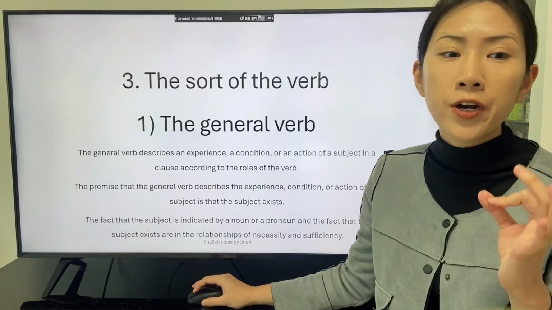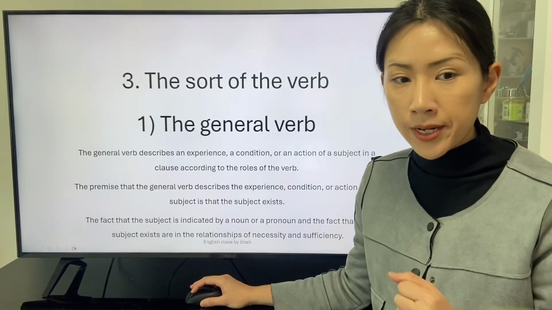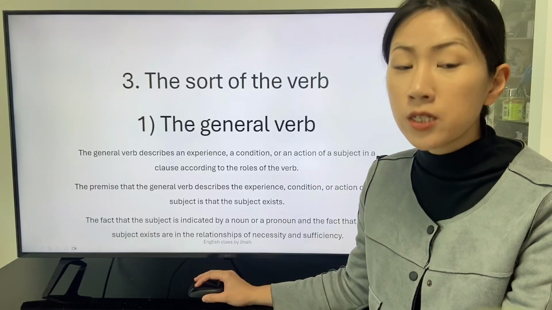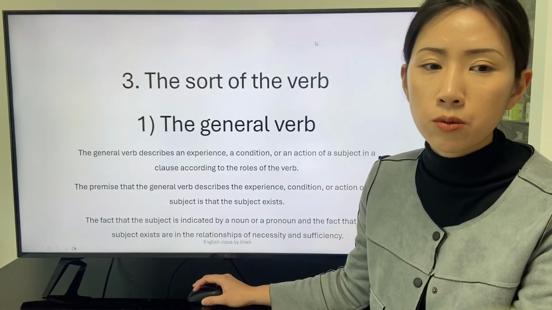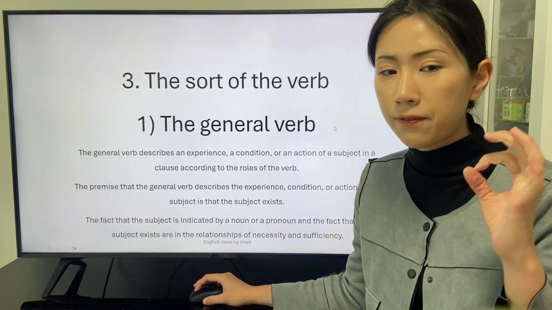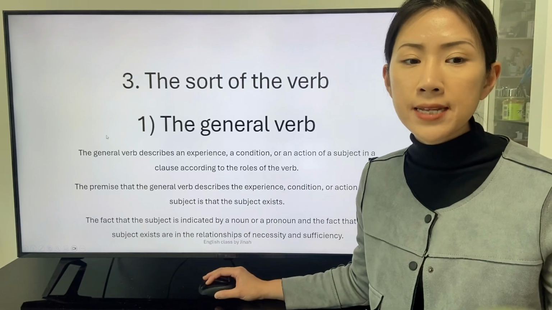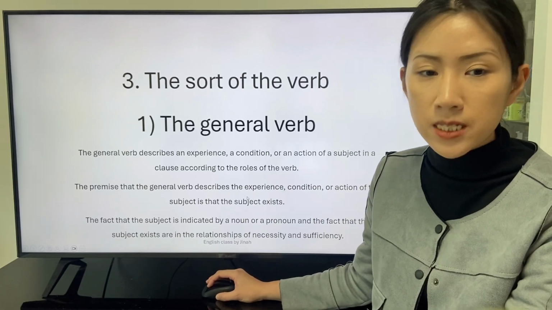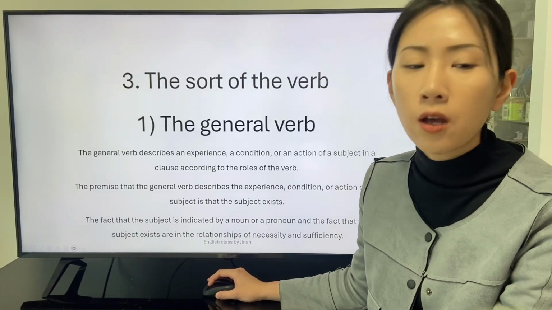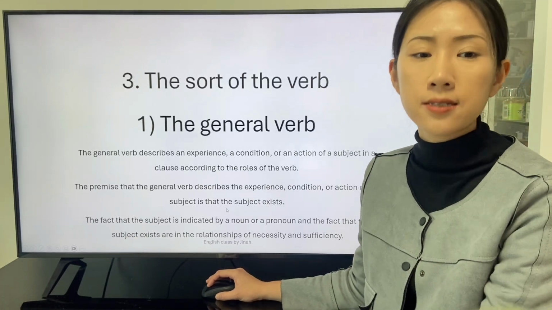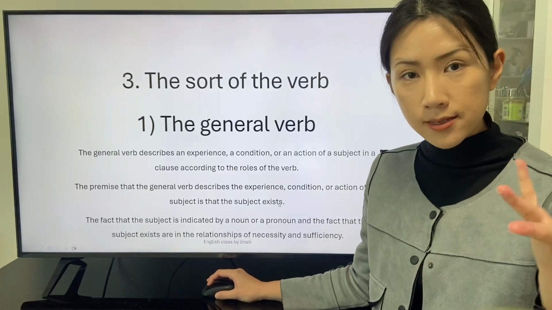The general verb describes an experience, a condition, or an action of a subject in a clause according to the roles of the verb. The premise that the general verb describes the experience, condition, or action of the subject is that the subject exists.